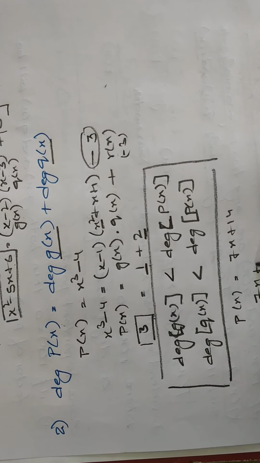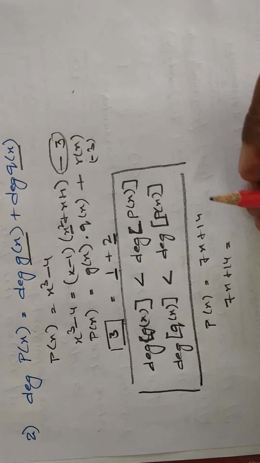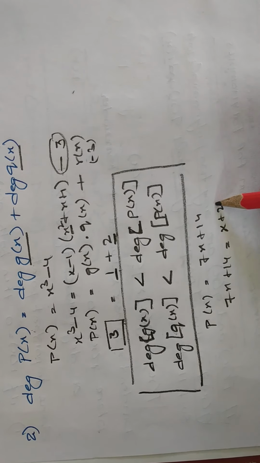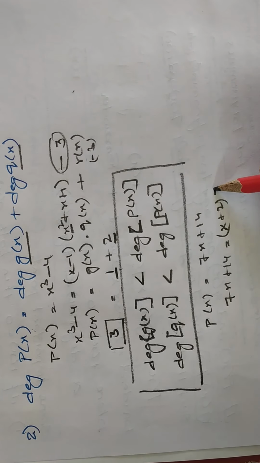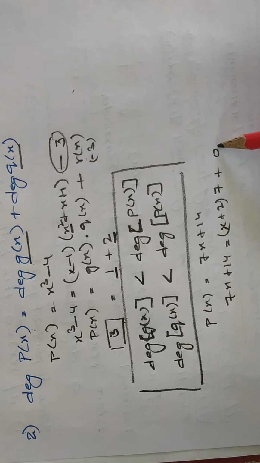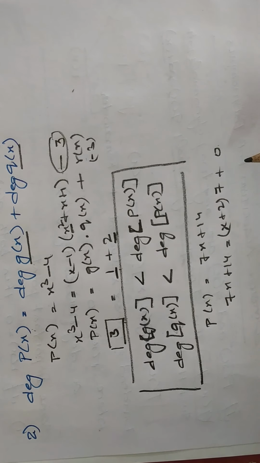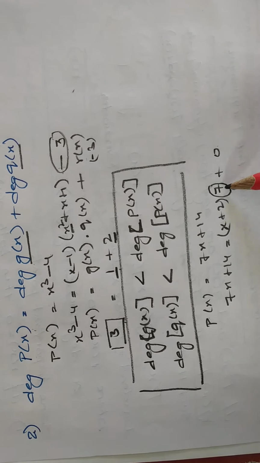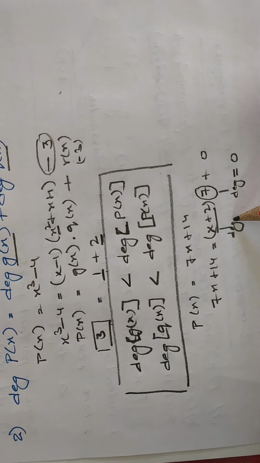If 7x plus 14 is divided by, say, x plus 2, then the quotient will be 7 and the remainder will be 0. In that case, since q(x) is a real number, its degree is 0, and the degree of g(x) is 1.